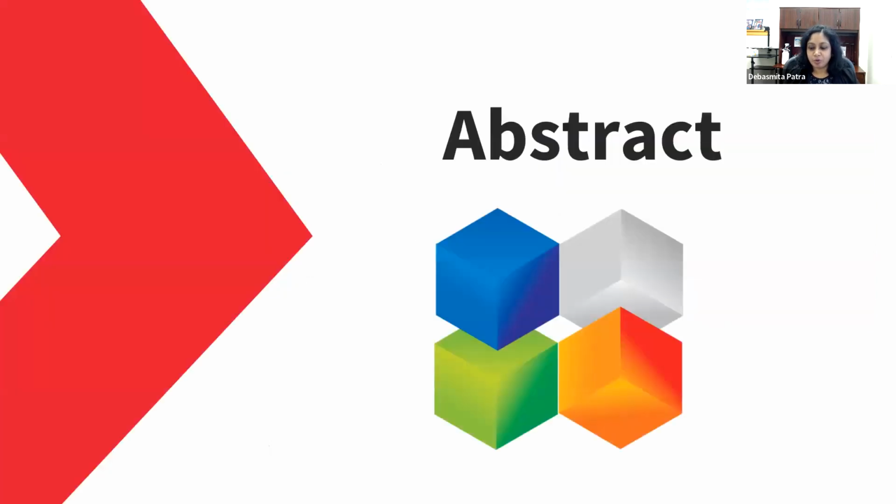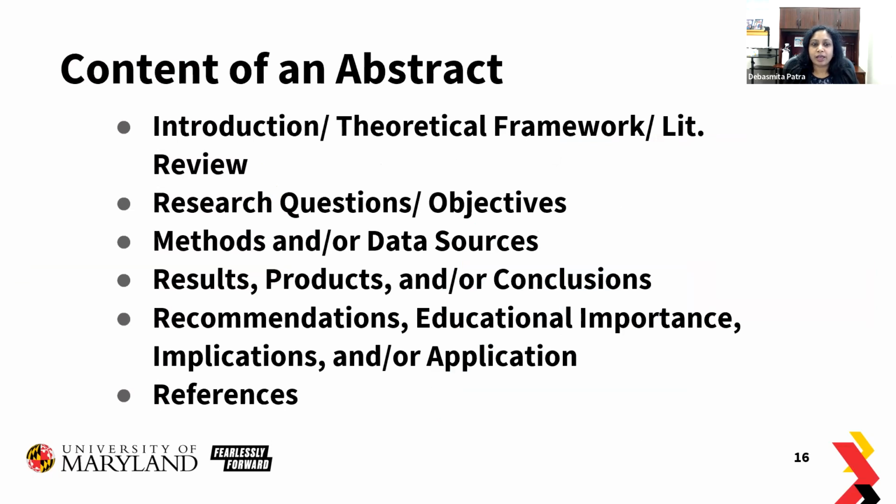Okay, now let's move on to the abstract and talk about what we include in an abstract. As I have already shared, we have introduction or theoretical framework or literature review, that is one section. Some conferences give you an exact word limit or even character limit these days on how much you should spend on the introduction. Then we have research questions or study objectives, or what questions we are answering.